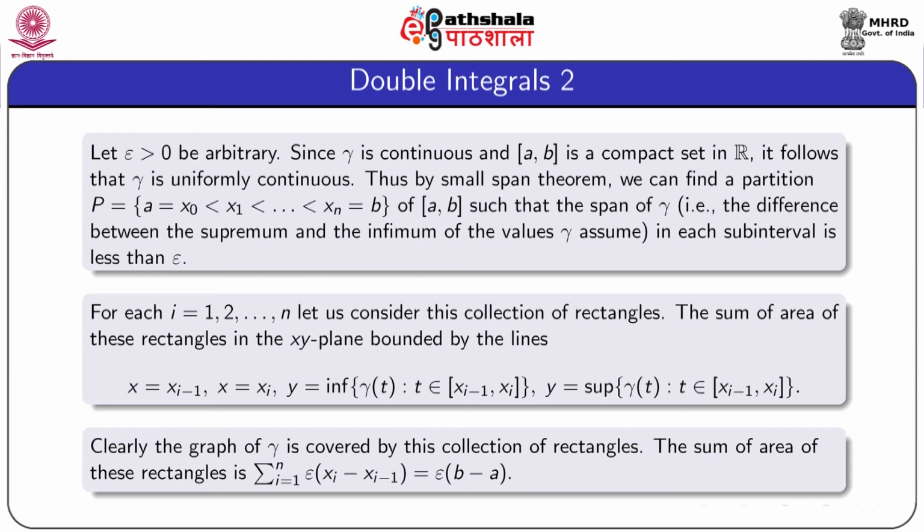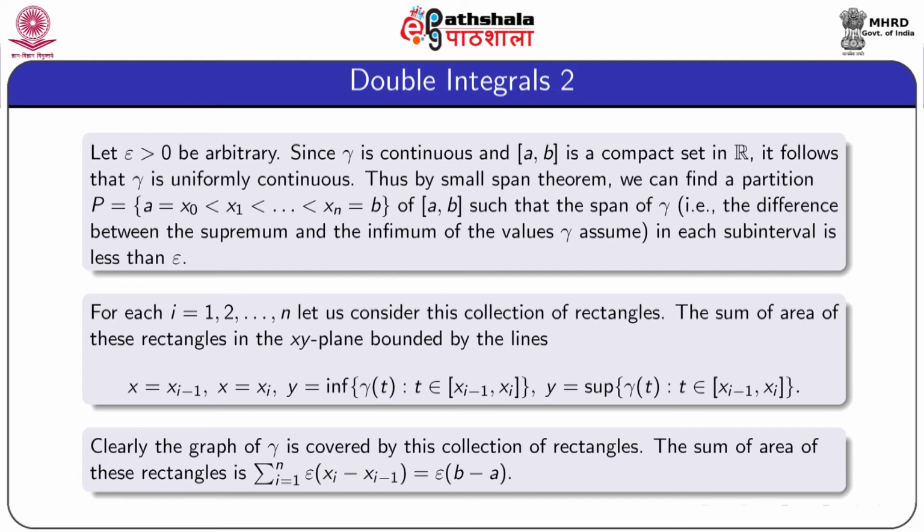For each i equal to 1 to n, let us consider this collection of rectangles in the xy plane bounded by the lines x equal to x_{i-1}, x equal to x_i, y equal to infimum of gamma(t) where t is in [x_{i-1}, x_i] and y equal to supremum of gamma(t) when t is in the same interval. Clearly, the graph of gamma is covered by the collection of rectangles.